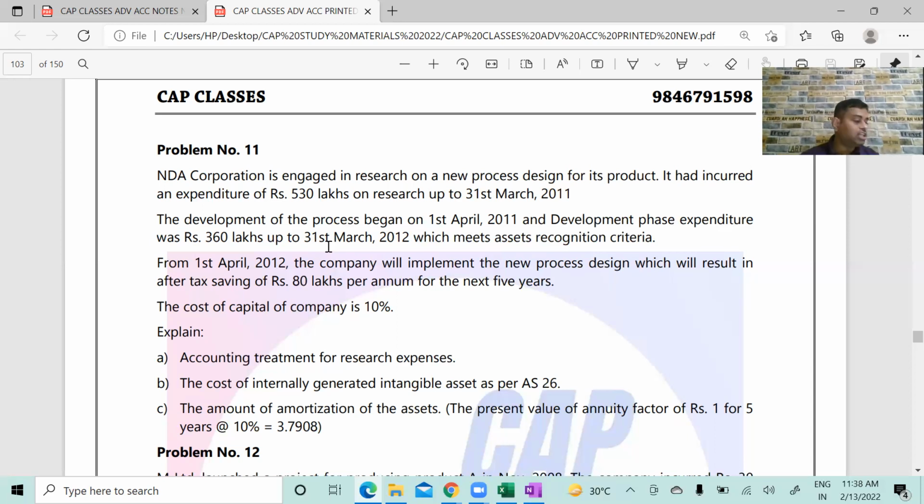Can anyone calculate and tell me what is the present value of future economic benefits in this question? Sandeep. Manoj is saying 303.264. Is it 303.264?